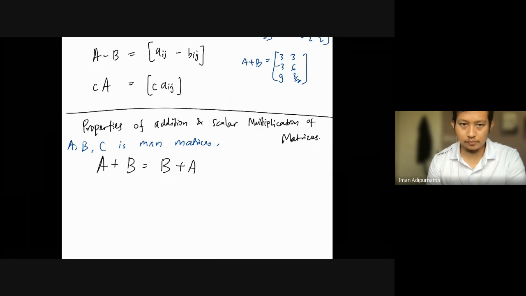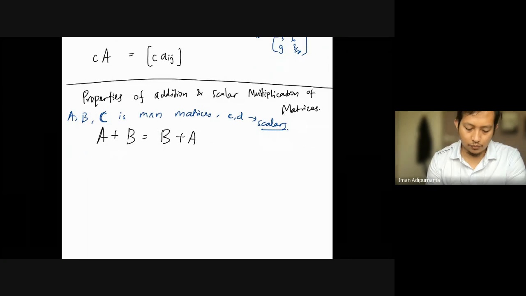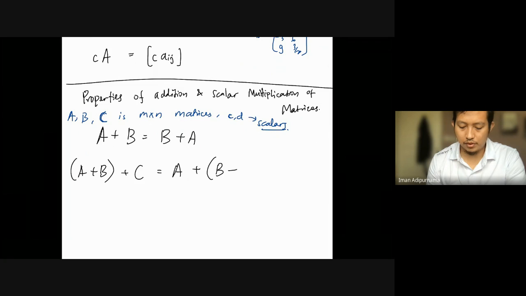This is a capital A, capital B, capital C. There are also a small c and d, which will be scalars. And we have A plus B plus C, capital C. This will be A plus B plus C.